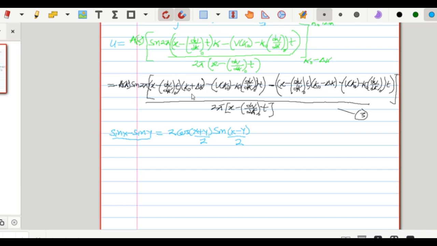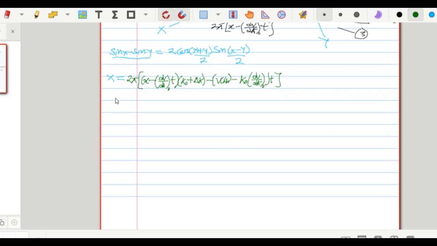So we are going to take this here to be our x, and this here to be our y, which means our x is going to be equal to 2 pi into x minus dv over dk naught of t into k naught plus change in k, minus v of k naught, minus k naught into dv over dk naught of t.